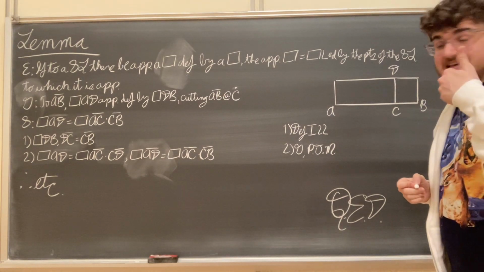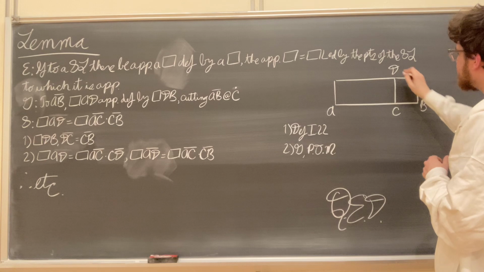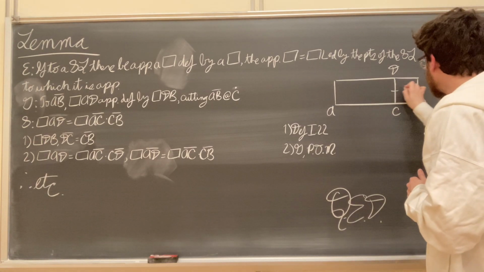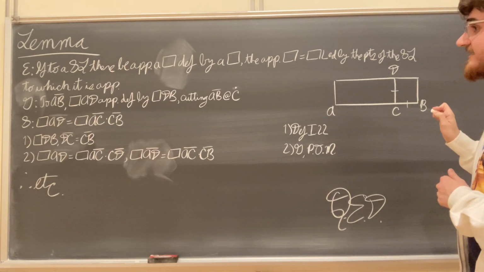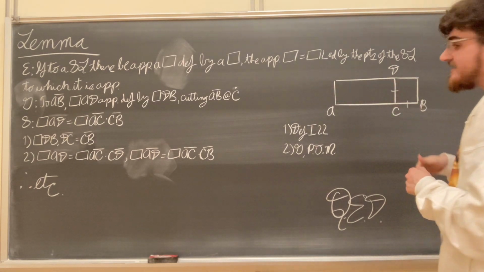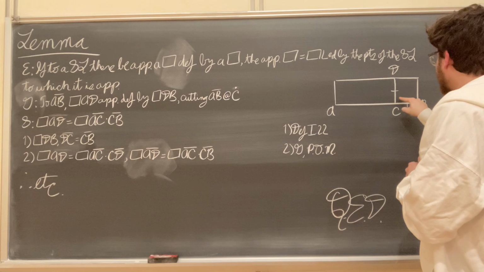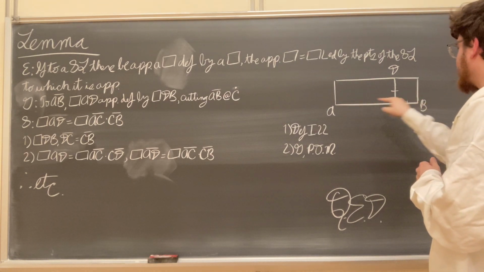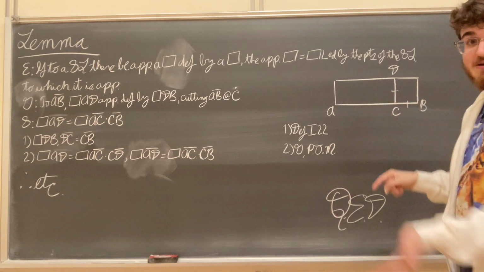Euclid says that this is at once manifest. For because DB is a square, by virtue of our given, DC is equal to CB. Now the rectangle AD, we know it has to be a rectangle because the angle DCB is a right angle, and the sum of the angles ACD, DCB have to be two right angles.